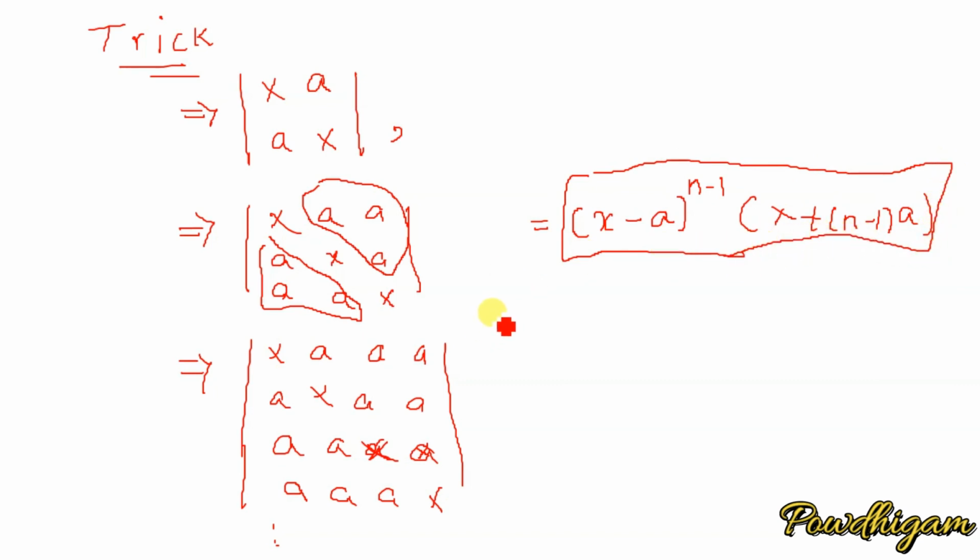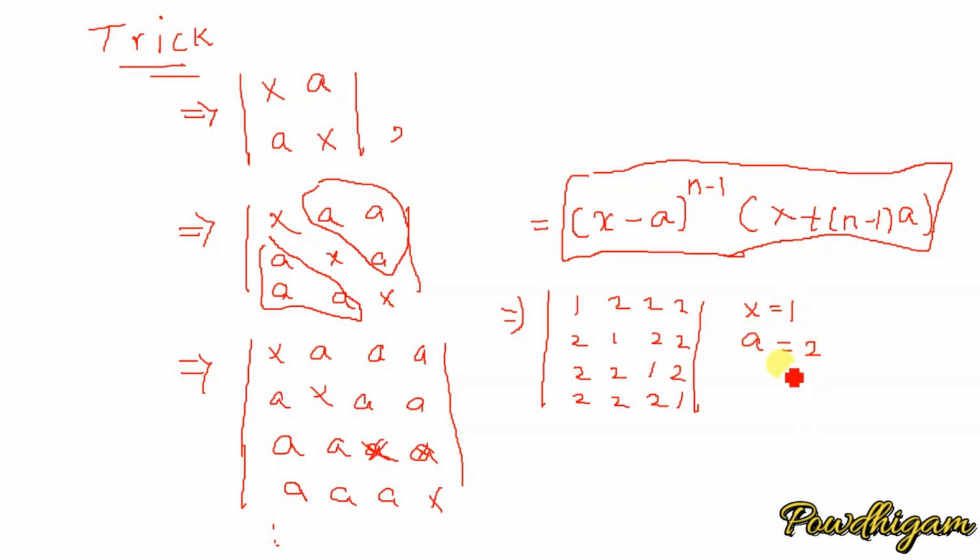For example, the earlier problem is a GATE problem: 1 2 2 2, 2 1 2 2, 2 2 1 2, 2 2 2 1. From this we can find that x is 1, a is 2, and n is 4, since it is a 4 cross 4 matrix.